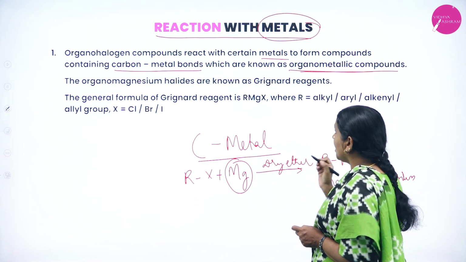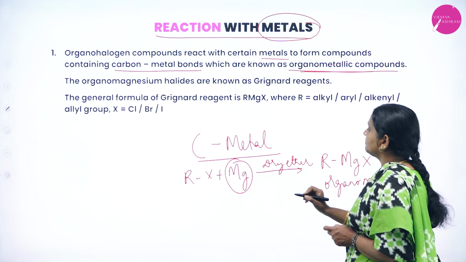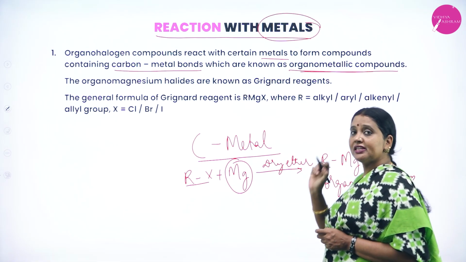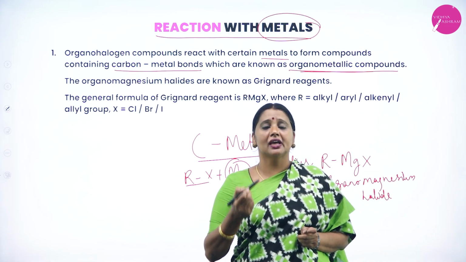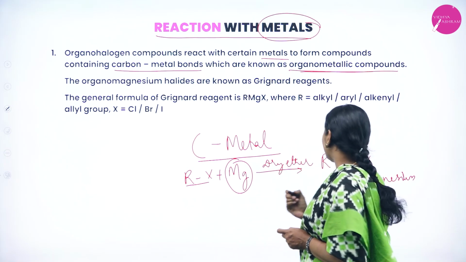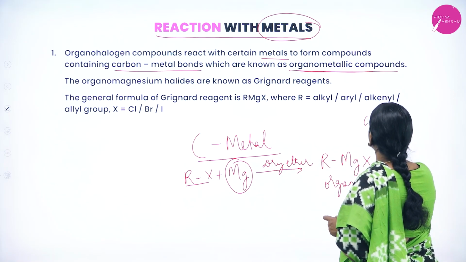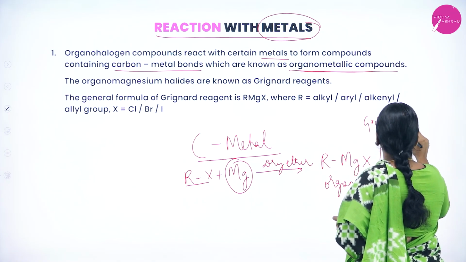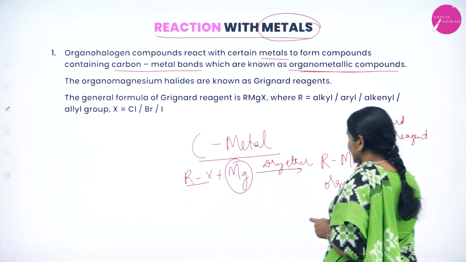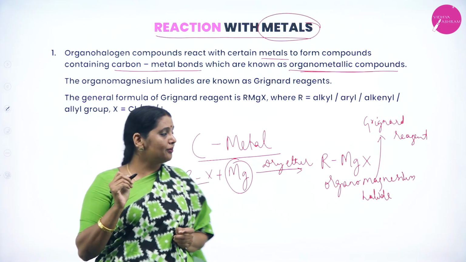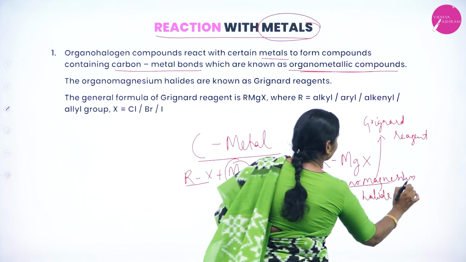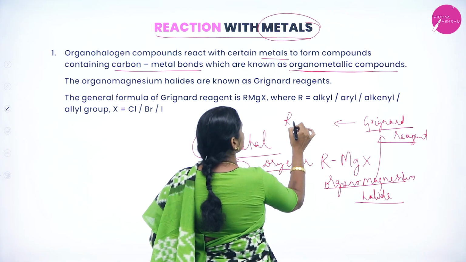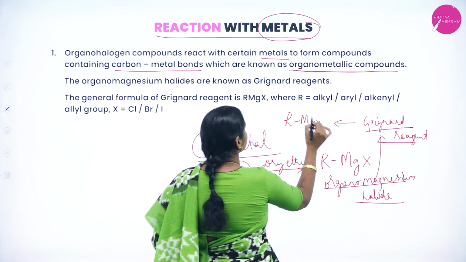So when organohalogen compounds are heated with magnesium in the presence of dry ether, they form organomagnesium halide. These organomagnesium halides are also called Grignard reagent, and they are represented by the general formula RMgX.